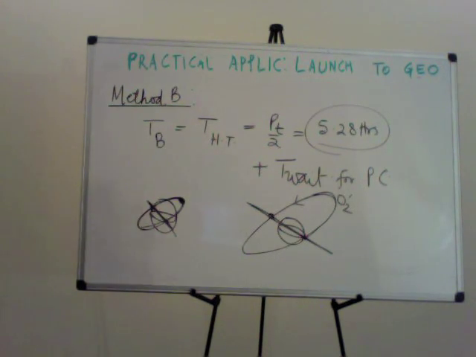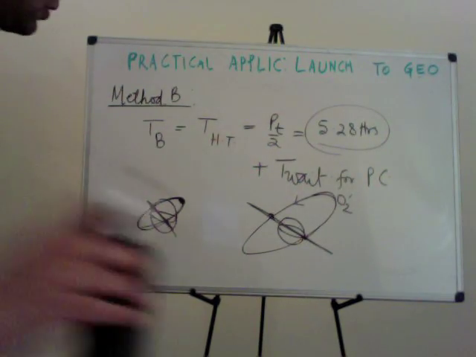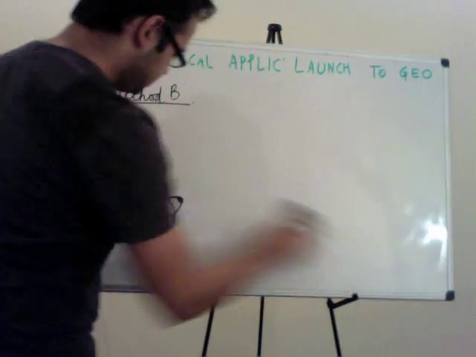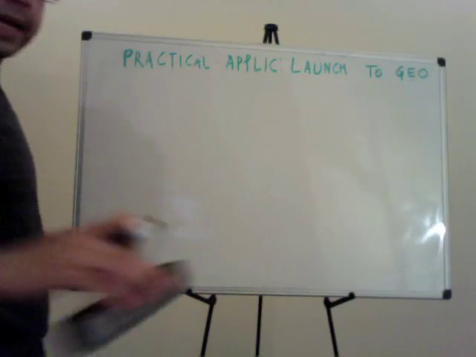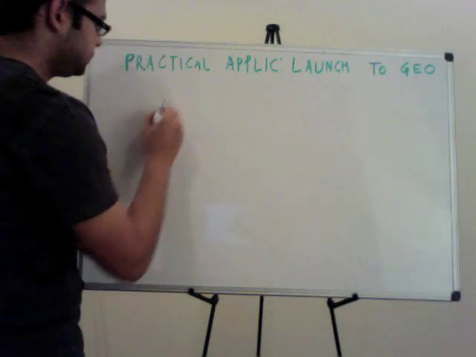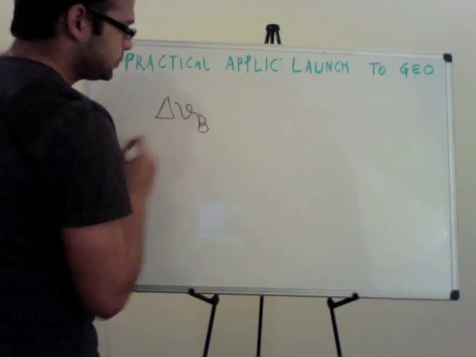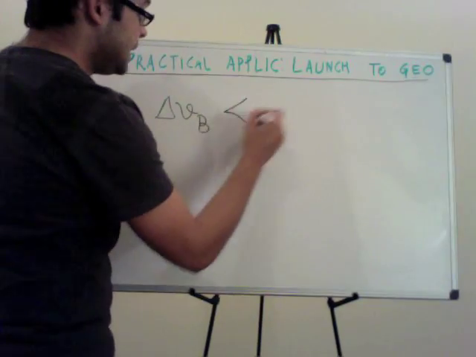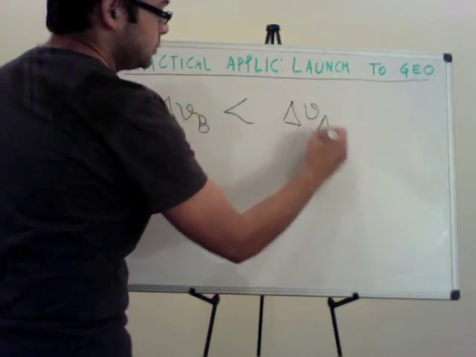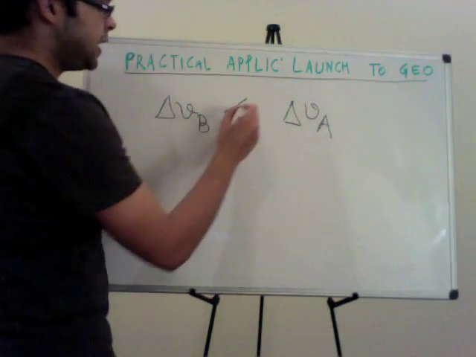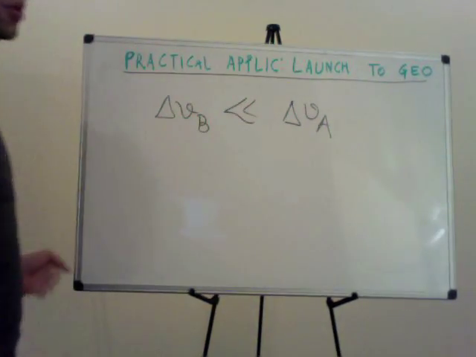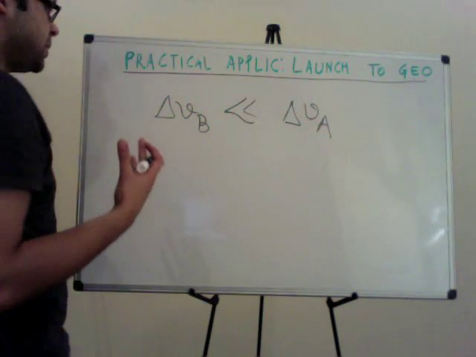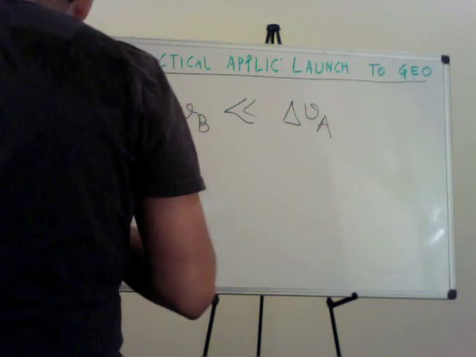Okay. All right. So the moral of the story here is that delta V B for this objective is less than delta V A, and I may even say much less, because you're saving about 2.3 kilometers per second, which is pretty big in terms of propellant mass, right?